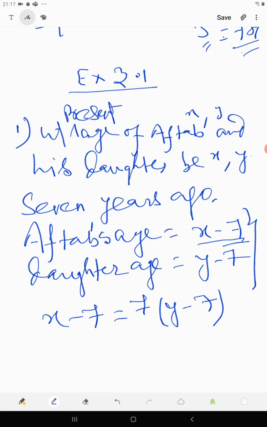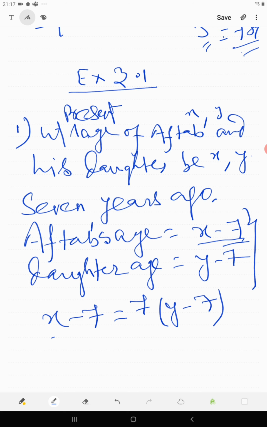So this is how we should represent things as an equation.